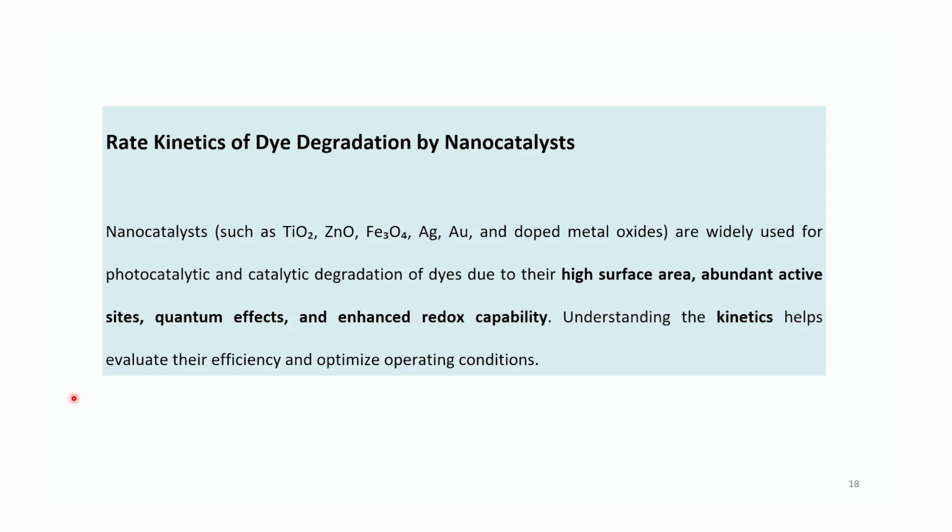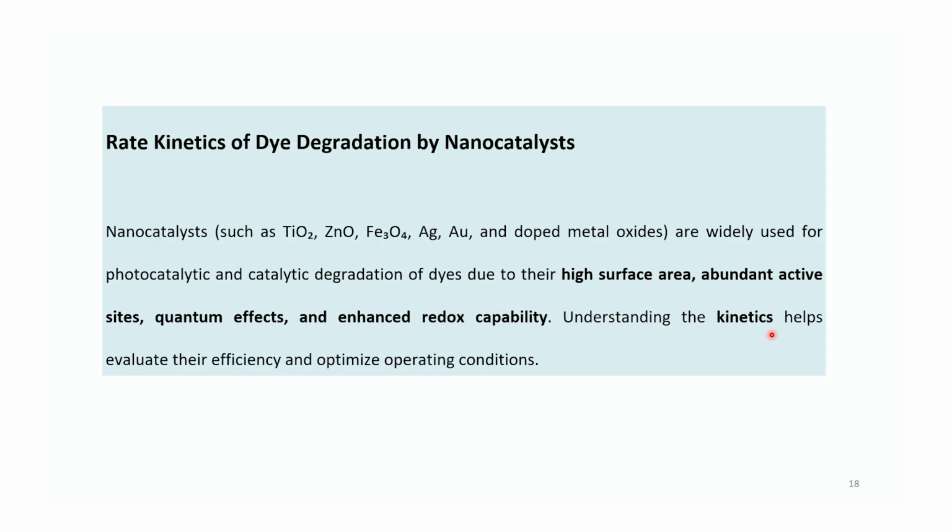The nanocatalysts that are used for the rate kinetics are TiO2, zinc oxide, iron oxide, silver or gold nanoparticles, and doped metal oxides that are widely used for photocatalytic and catalytic degradation of dyes. Due to their high surface area, as I've already told you, they have abundant active sites, because of the high surface area, the quantum effects, and enhanced redox capability.